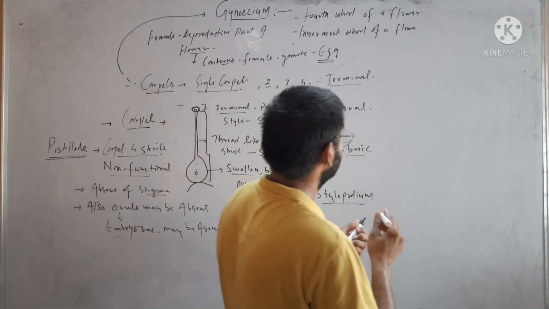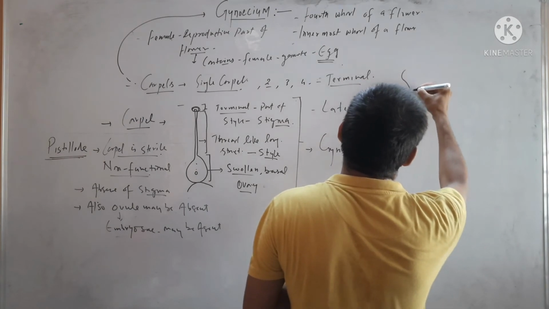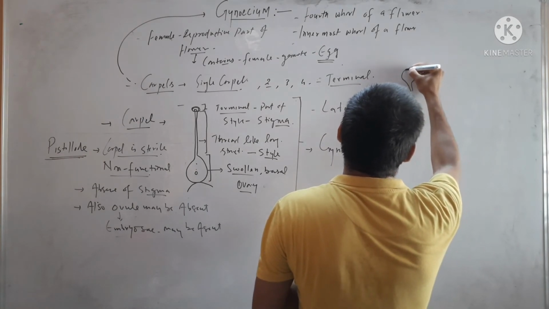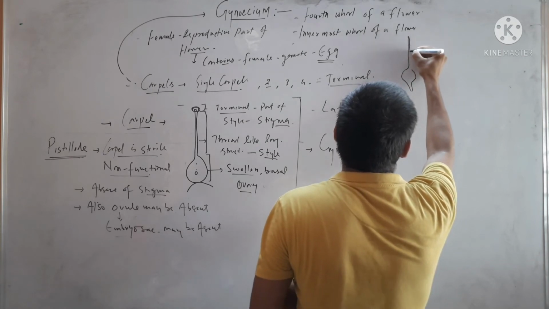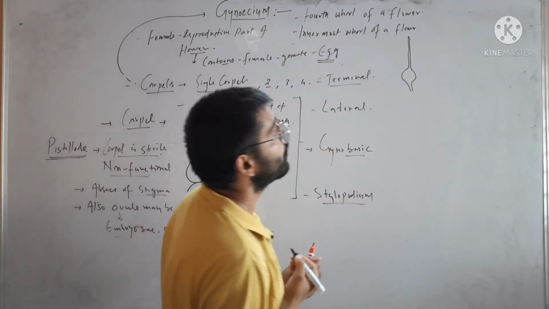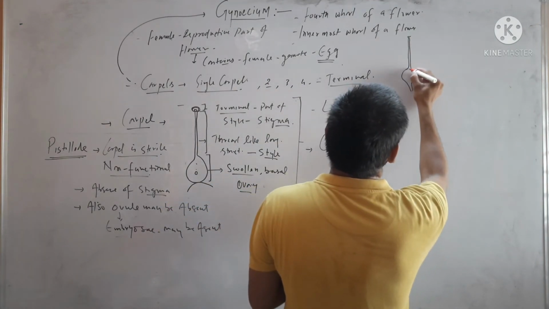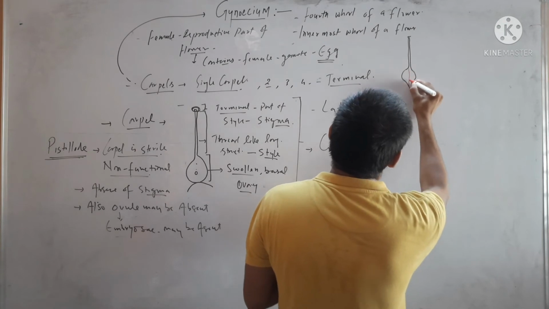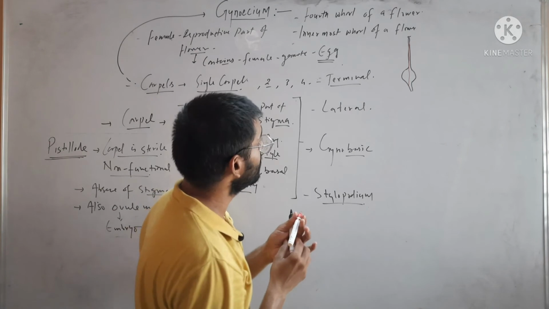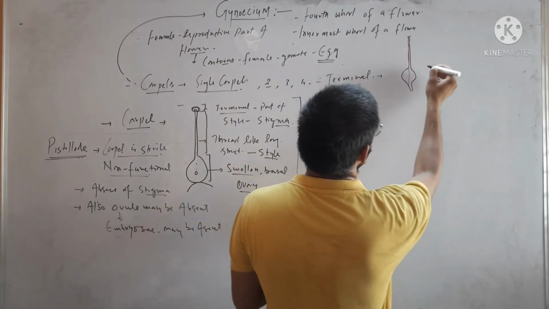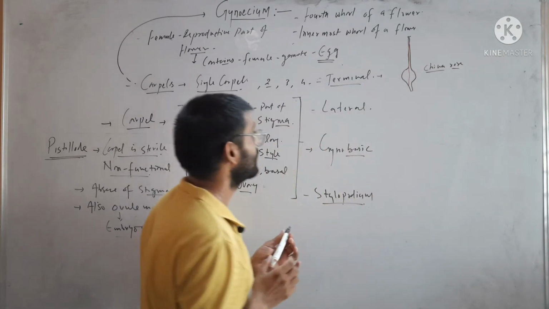So if the style is in line with the ovary, the style is present in a straight line with the ovary, like this. So this is your ovary. So here it is present in a straight line with the ovary. Then it will be called terminal. It is found in China rose.